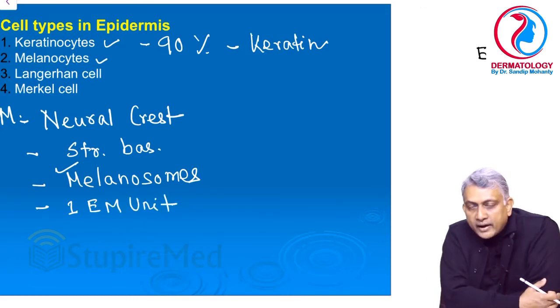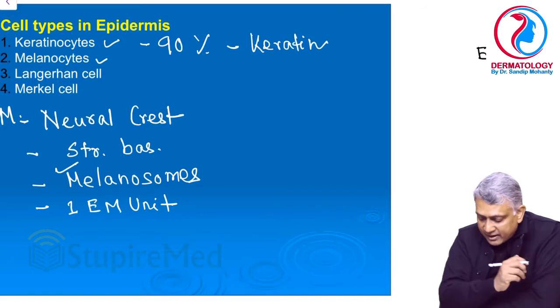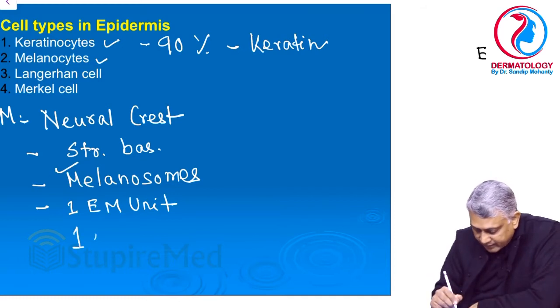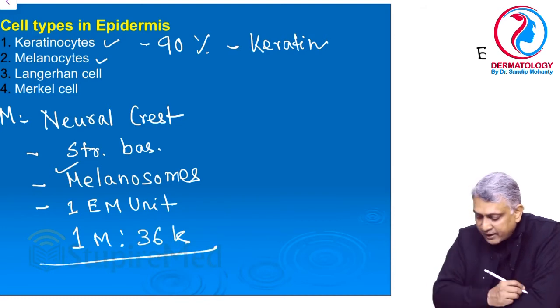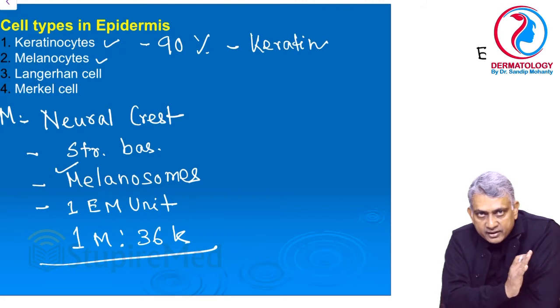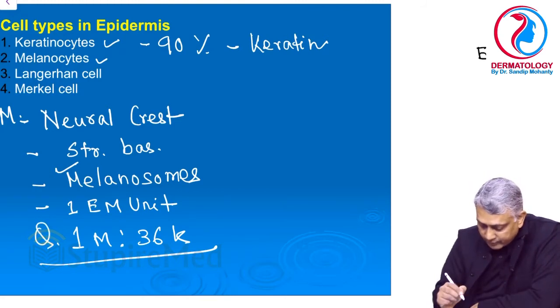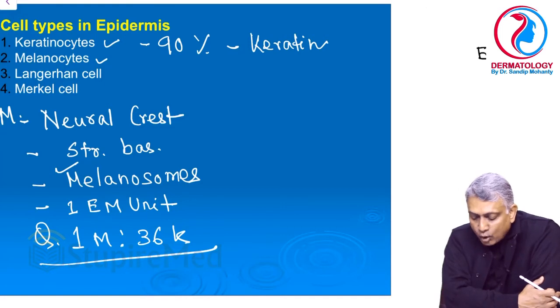So what is this one epidermal melanin unit? It is one melanocyte transferring melanin to 36 keratinocytes. The ratio is 1:36. That is known as one epidermal melanin unit. Right. So this is about melanocytes.